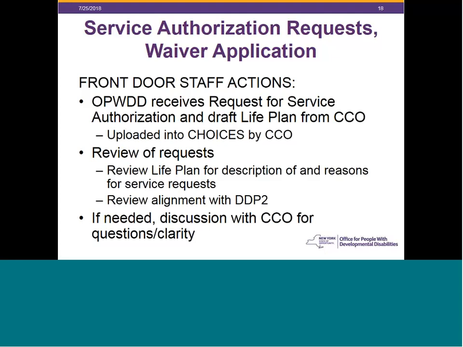And we also look at how that aligns with the DDP2. If there's services that are requested that just don't seem to be existing anywhere in any of these reference materials that we have, then we'll be in touch. The front door would connect with the CCO worker and have a discussion, get clarification about any questions that need to be answered.